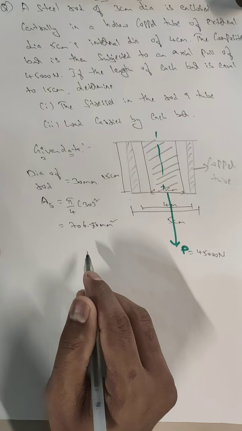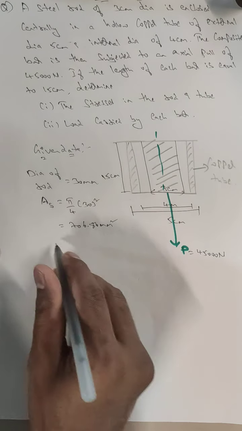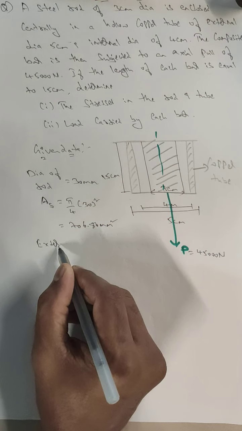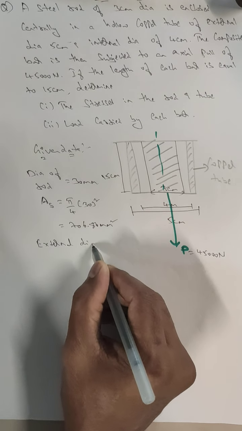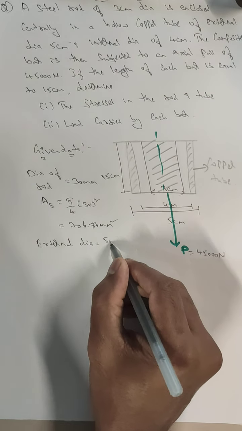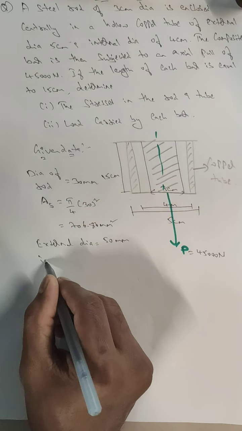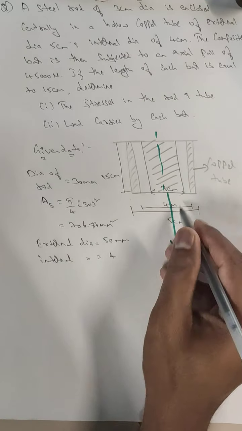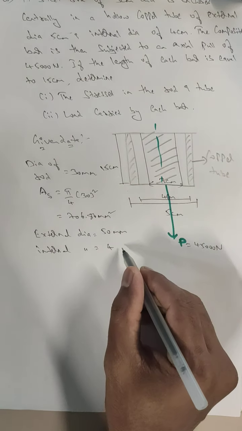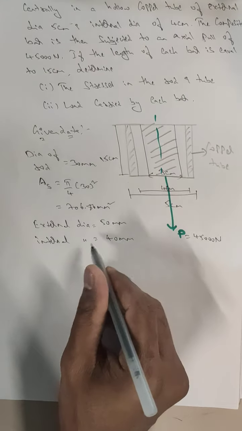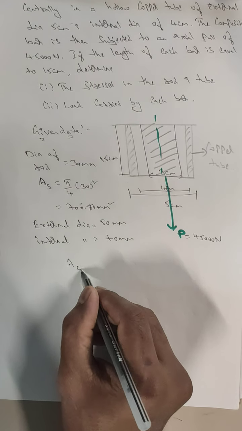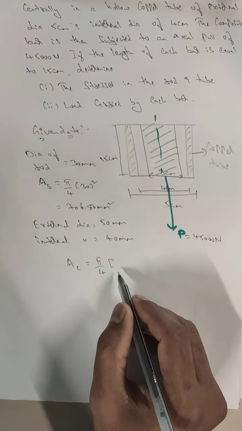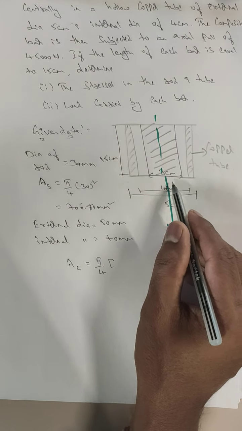Next we go with the copper tube. We have outer diameter and inner diameter. The external diameter is 5 centimeter, I will write 50 mm. Internal diameter is 4 centimeter, which is 40 mm. The area of copper is pi by 4 into d square, but the section is hollow, not solid.